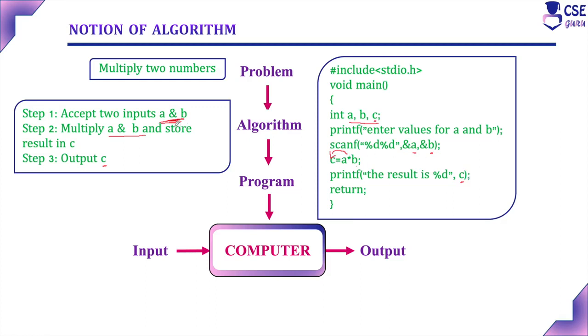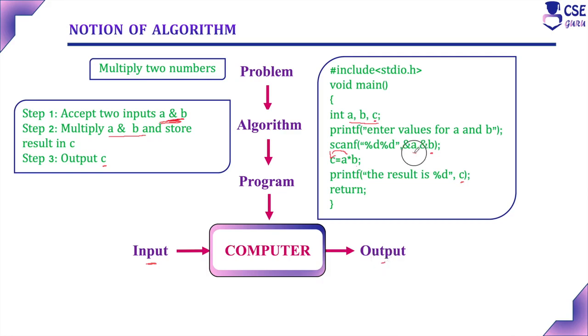So now, considering these algorithmic steps, we have converted them into a program. Initially it will be in the problem stage. Next we need to specify the sequence of instructions to solve the problem, that is nothing but the algorithm. Next we have developed the code for the algorithm. Now this program should be fed into the computer. Now the computer will accept input and produce output.